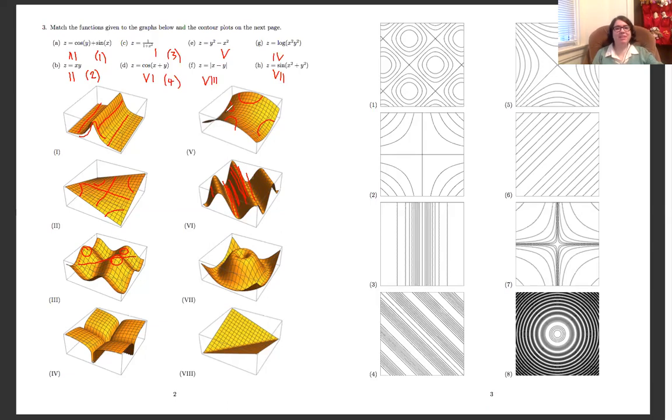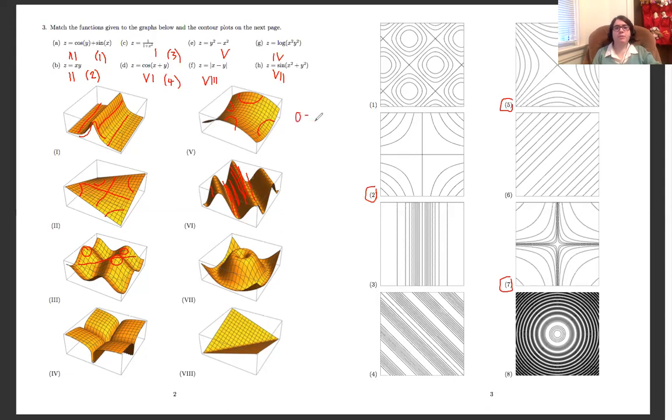But in particular, I already used this one. The other ones with hyperbolas are here and here. I again don't see anything really crazy going on when I take x equals 0 or y equals 0, so it's probably not this one, and I already used this one, so I could say by process of elimination it should be this one. I can also look at one of the contours, which should be when z is equal to 0.